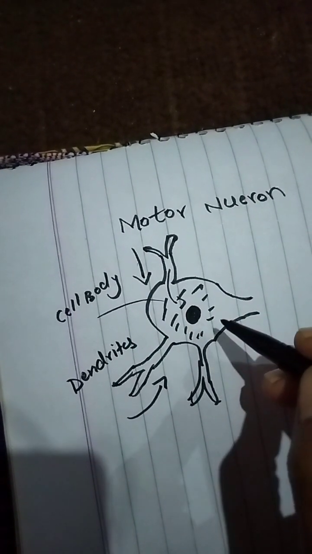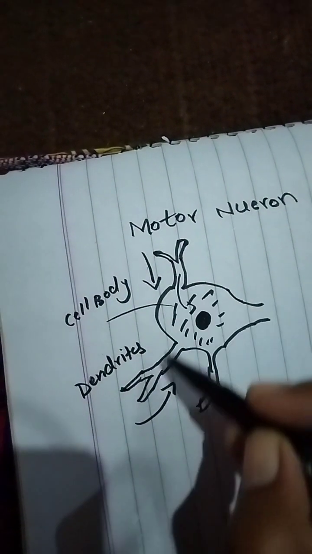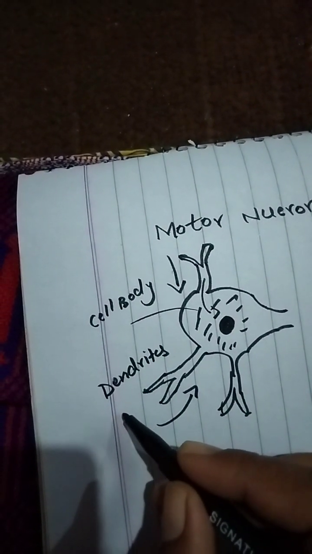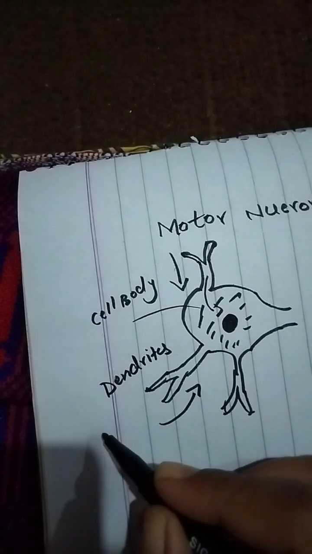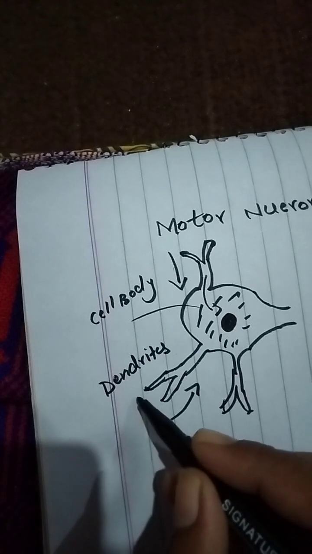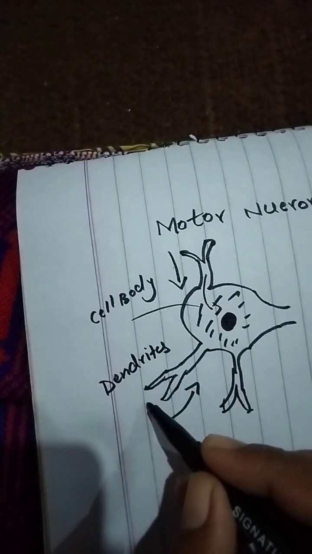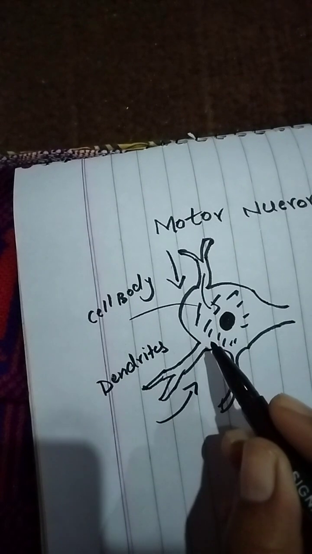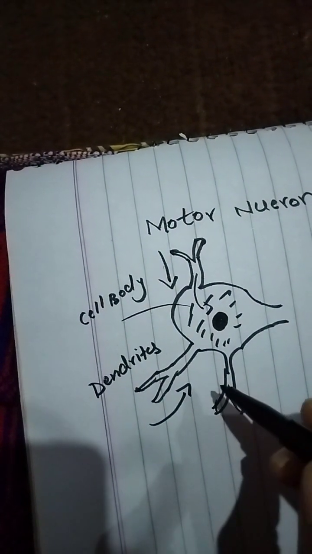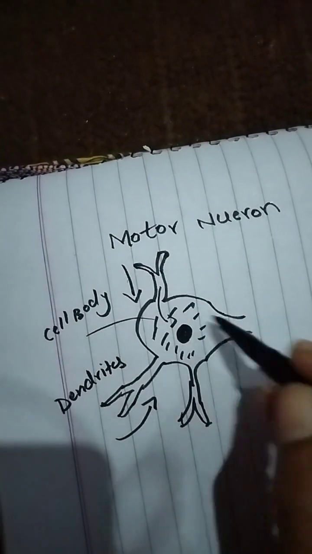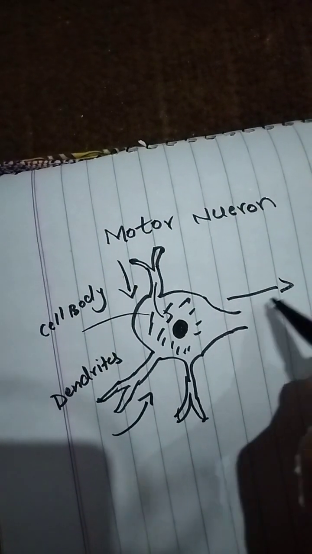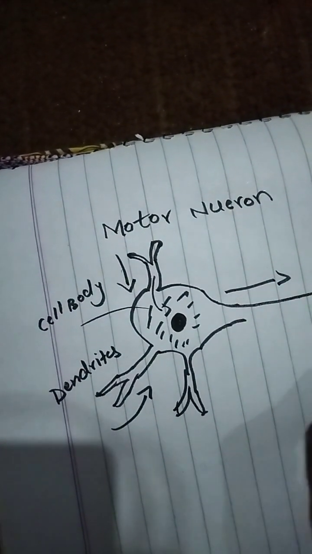So dendrites carry nerve impulses from the dendrites of other neurons, but a small gap is present between one neuron and another neuron. The nerve impulse comes out from the cell body through the axon.